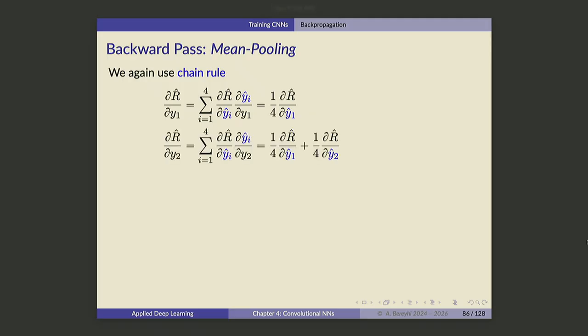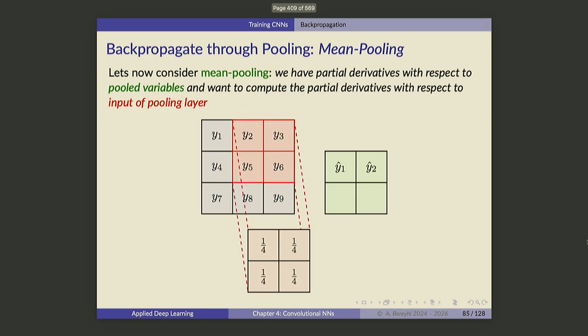The derivative of r hat with respect to y2. Where does y2 show up? It shows up in y hat 1, right? Correct? It shows up in y hat 2, but it does not show up in y hat 3 and y hat 4, right? Everybody's cool?